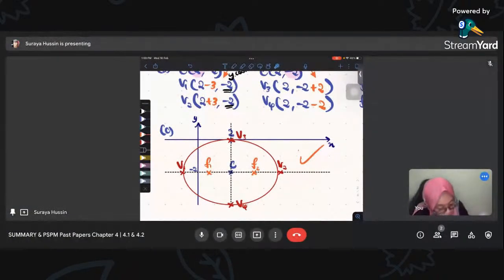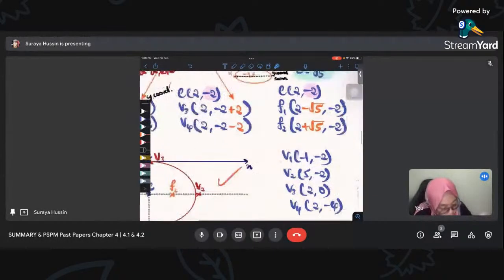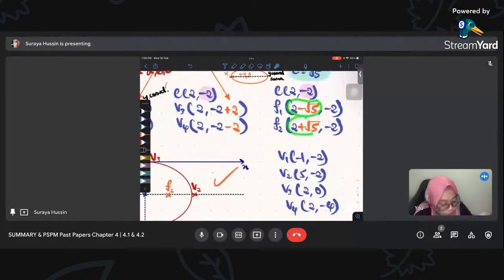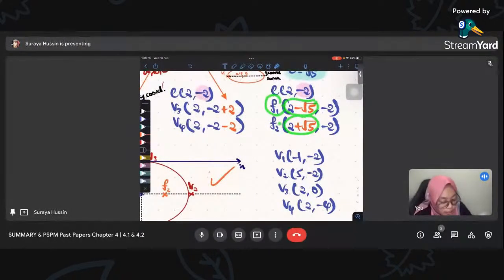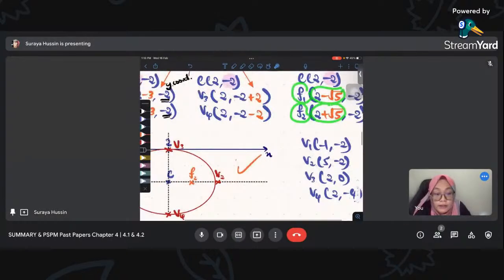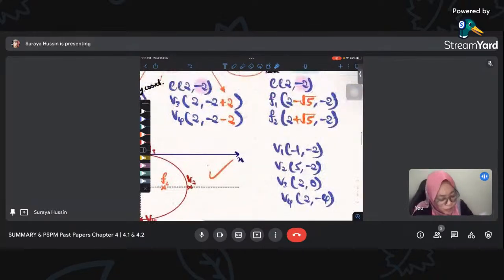Okay, so now foci kita tambah tolak C. Tambah tolak C mesti pada X coordinate. And so this is my answer untuk foci 1 and foci 2. Okay, so this is plus. Kena faham ya C tu macam mana. Kalau you faham A, B, C, you mesti faham macam mana you nak letakkan A, B, C ni, dekat mana.